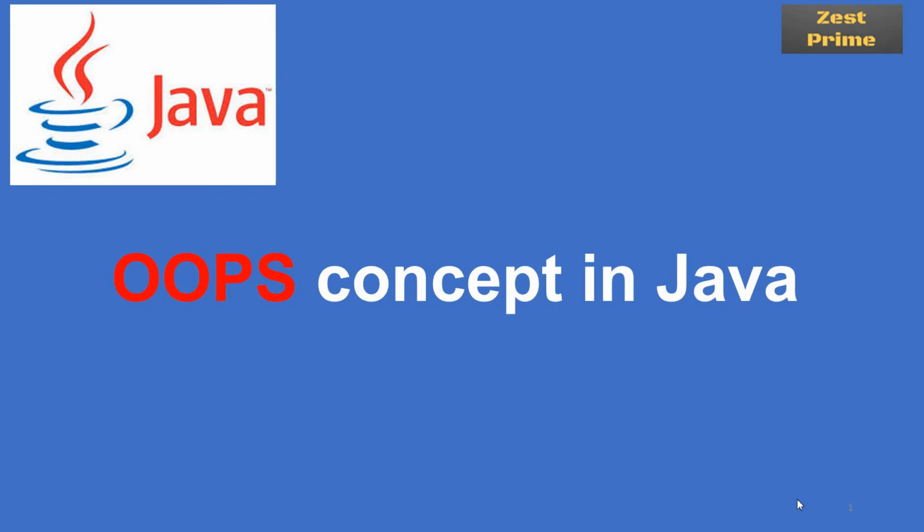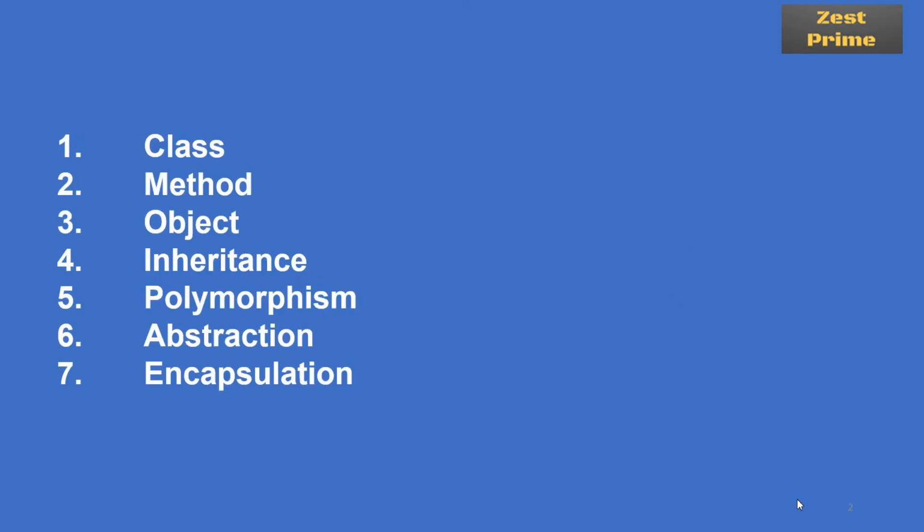Let me show you which OOPS concepts are available. If you see the screen, I listed almost 7 OOPS concepts or principles. Among these 7, we have already discussed some things like class, method, and object in our previous videos many times.